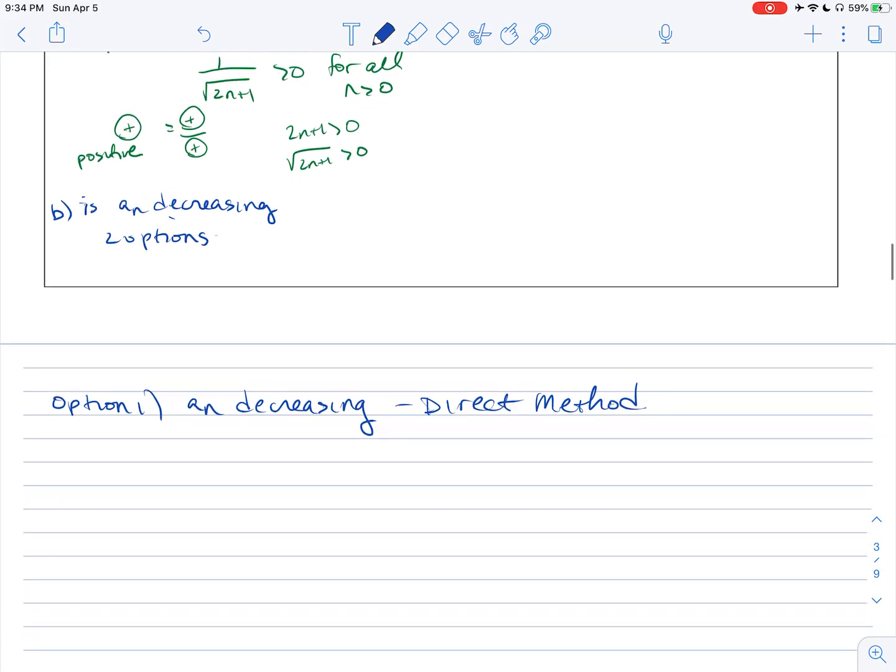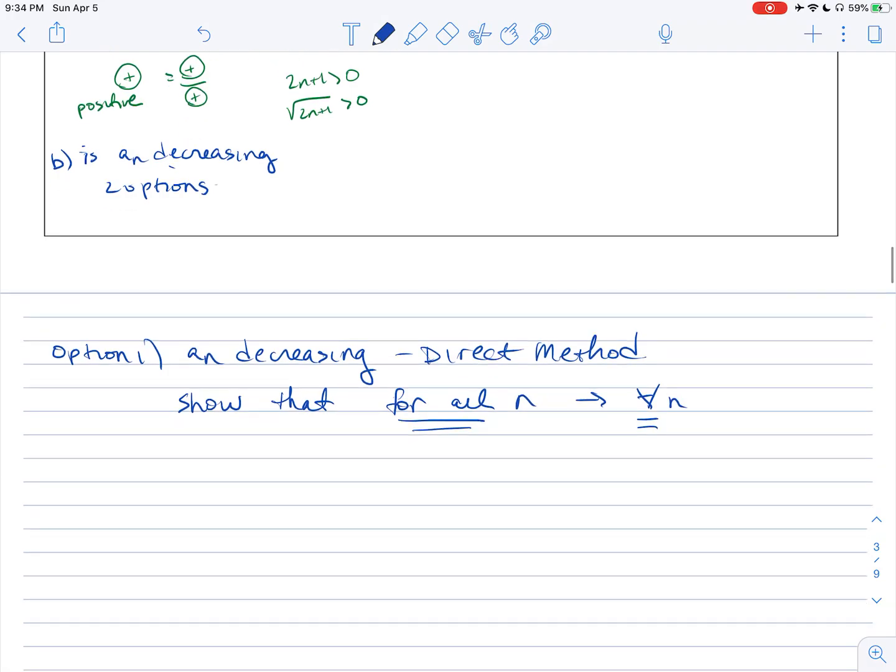And what is the direct method? We want to show that for all n, and the notation that I usually use for all n is the upside-down A. And that's the logic notation. So we want to show that for all n bigger than 0, a sub n plus 1 is less than or equal to a sub n, right?